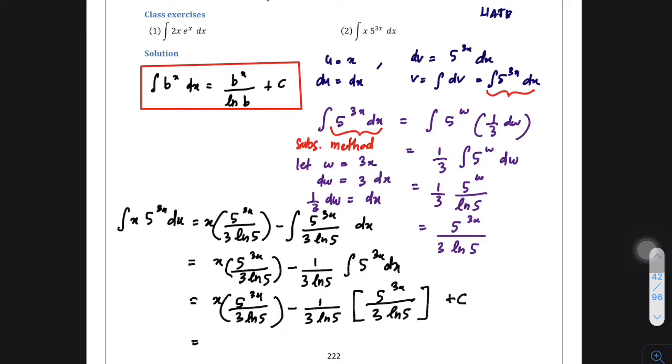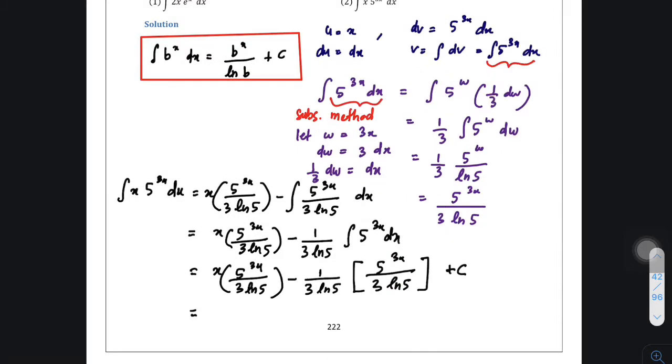We have 5 power of 3x over 3 ln 5 on both sides, so it's better to factor it out: 5 power of 3x over 3 ln 5 times x minus 1 over 3 ln 5, and then plus c. This is your final answer.